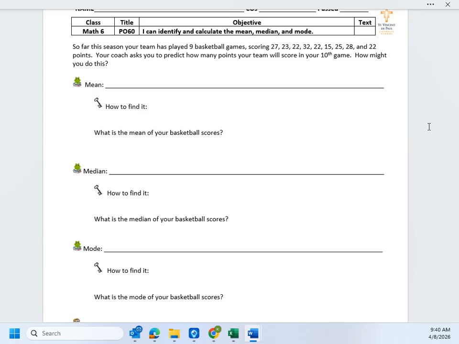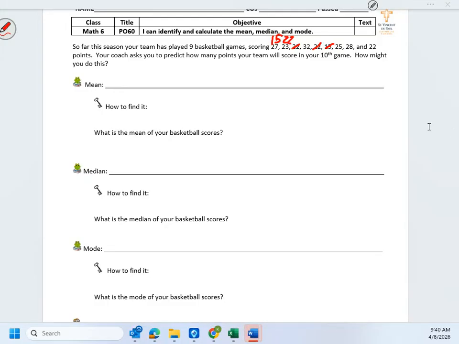So, when we're given all these different data points, what's the first thing we need to do with all the data? Jack? Do we need to put them to least to greatest? Yeah, we need to put them in order from least to greatest. So if we look at this, we would start with 15. And then our next number would be 22.